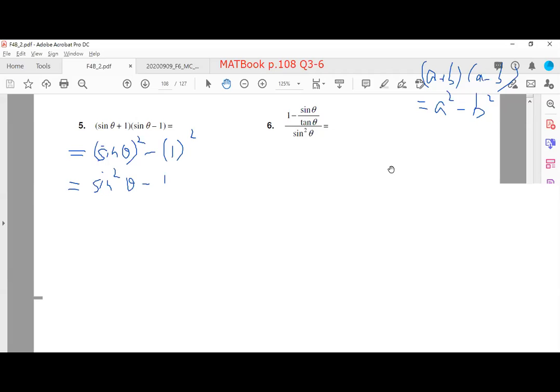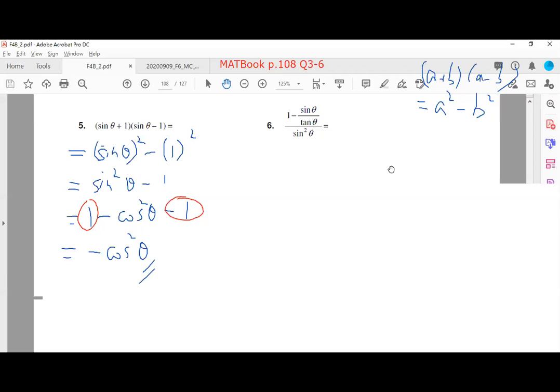This time, I would change sine square theta to be 1 minus cosine square theta, and then minus 1. You see that the 1 and minus 1 will be completely cancelled by each other. So what is remaining will be just negative cosine square theta. So that is the final answer. Is that okay?